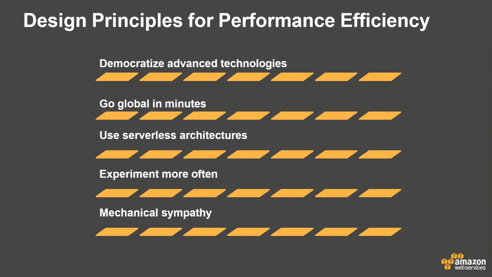Then finally, we have consider mechanical sympathy. Mechanical sympathy is just a way of using the right service to serve your application. For instance, you just have a static website. There will be no need for you to put that in an EC2 instance.